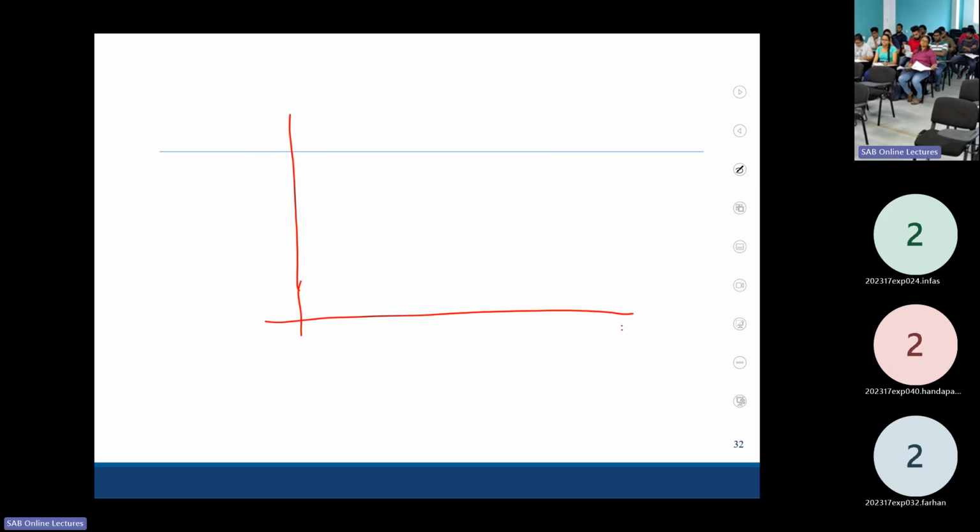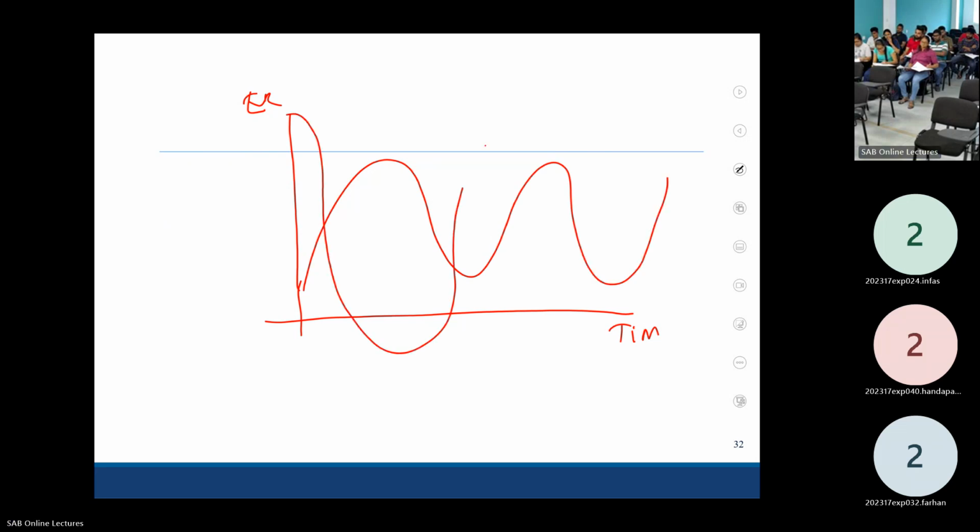Then this is time, this is return. Say X is going like this, Y is going like this.